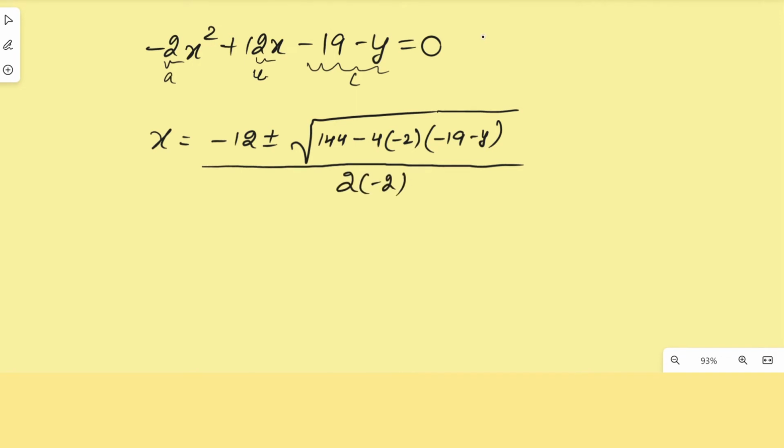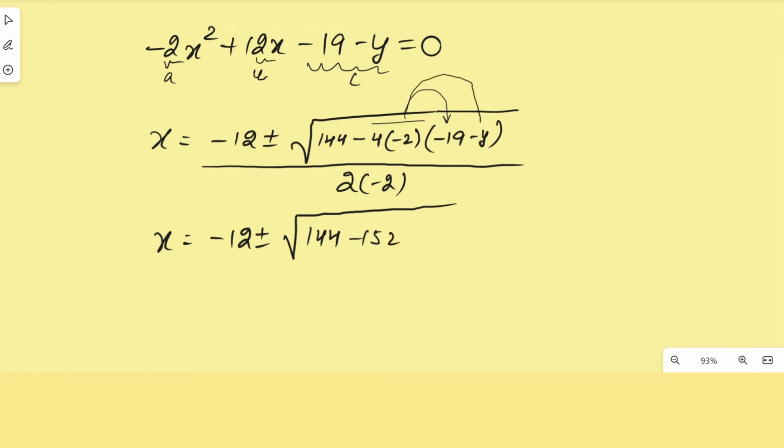So we can solve this further as x equals negative 12 plus minus square root of 144. So this will be positive 8, and when you multiply positive 8 by negative 19, you will get negative 152, and when you multiply this positive 8 by negative y, you will get negative 8y, and whole divided by negative 4, right?